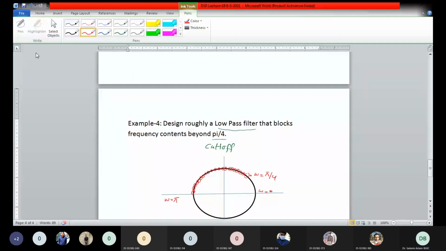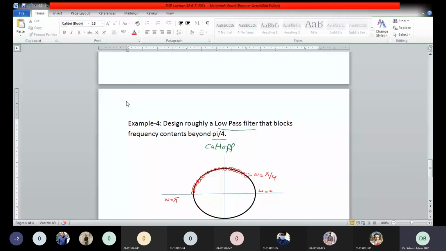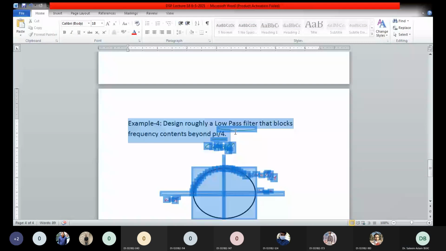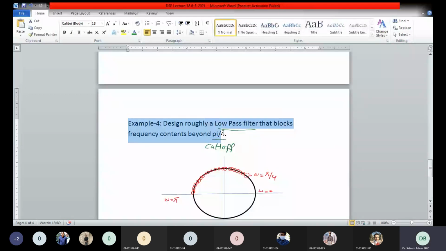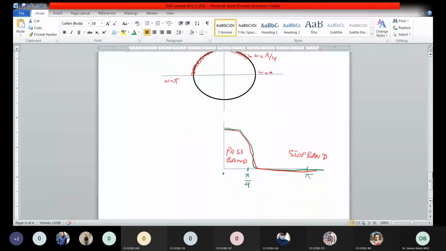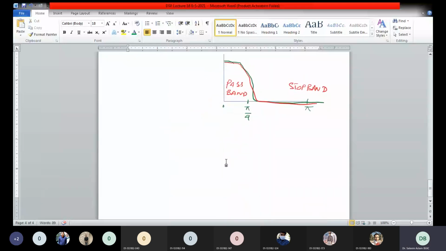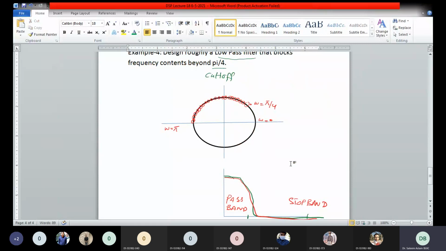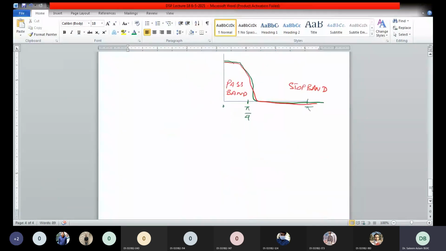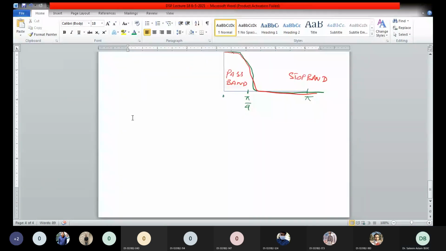example number 5, let me quickly design high pass, band reject, and band pass, and then we'll move to the system with a single pole.